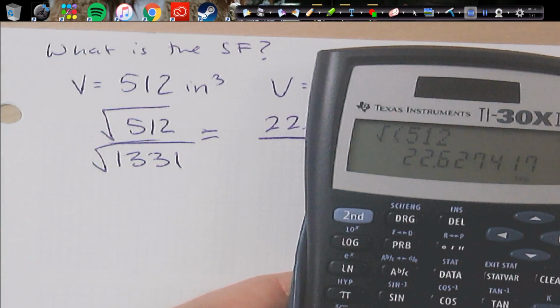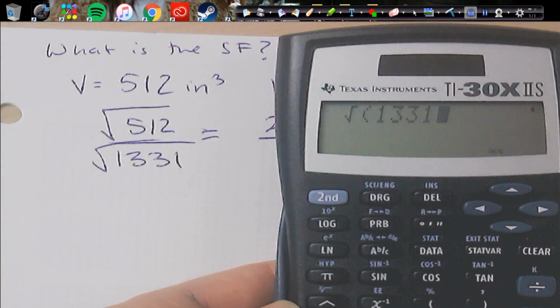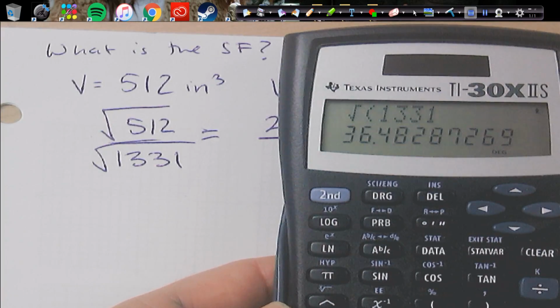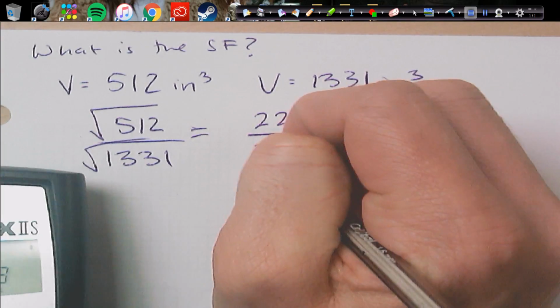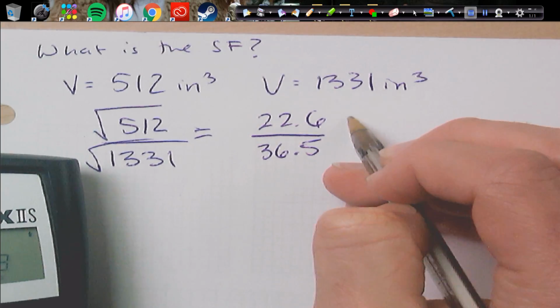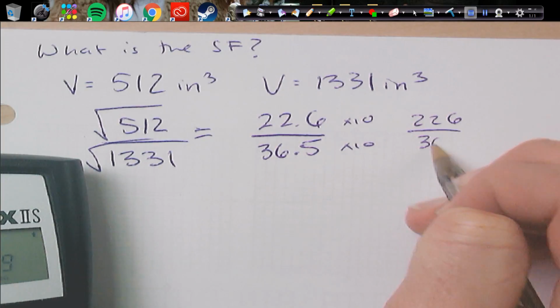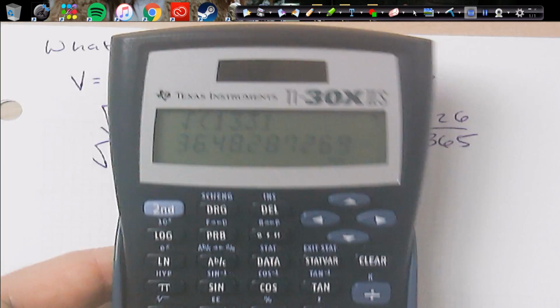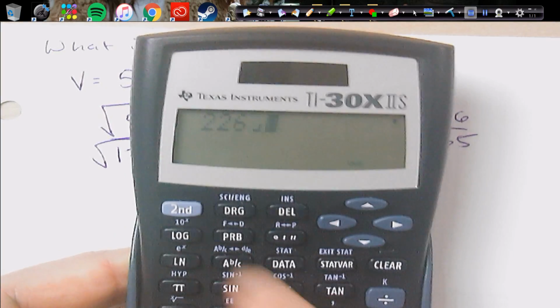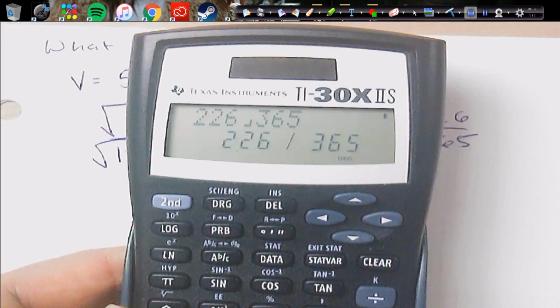And then the square root of 133.1 gives us 36.5. I don't want it like this, so I'm going to multiply top and bottom by 10 so I don't have that decimal there anymore, and then see if I can reduce that. That would be neat. Nope, doesn't reduce, so that's our answer.